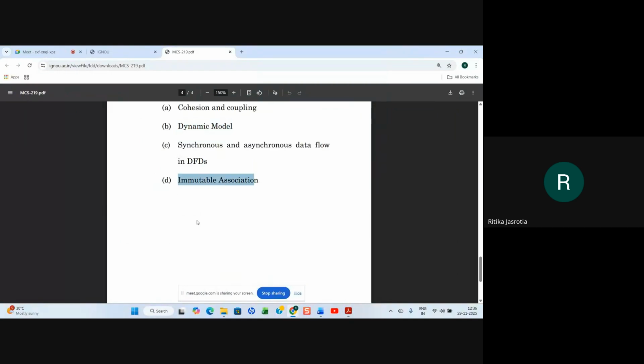So we'll see what is immutable. Mutable means which is repetitive. Immutable means which is not repetitive.